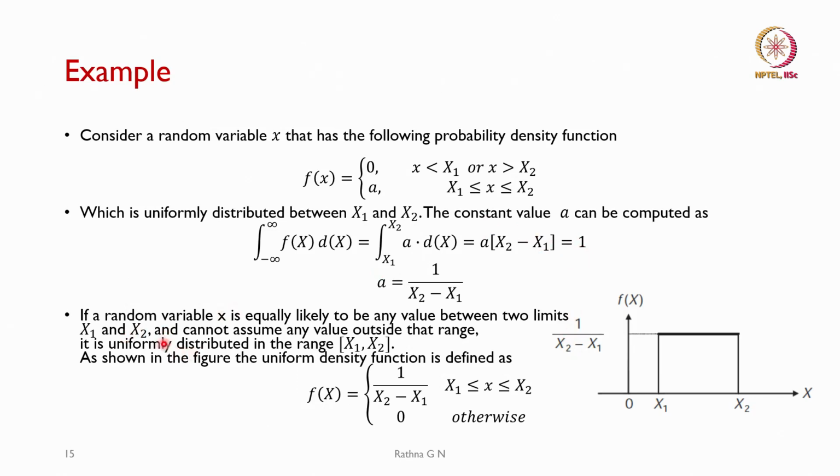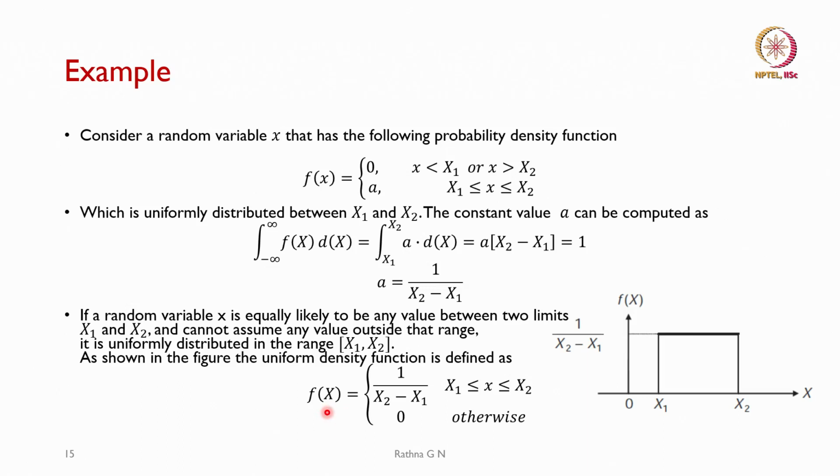If a random variable x is equally likely to be any value between two limits x1 and x2 and cannot assume any value outside that range, it is uniformly distributed in the range x1 to x2, as shown in the figure.